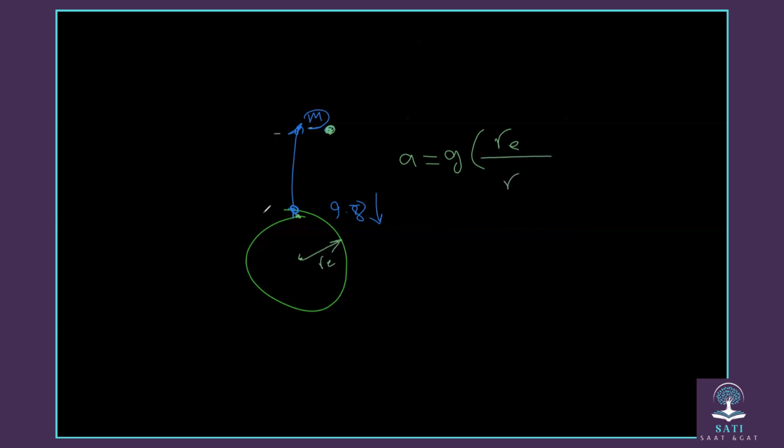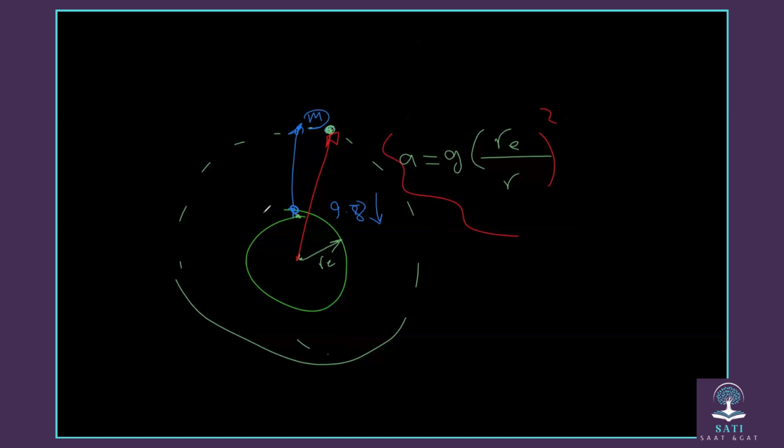This object here will rotate here. What is now the radius of rotation here? So the radius of rotation, then you make it squared. So this is the formula to find the acceleration due to gravity at any height above the Earth's surface.